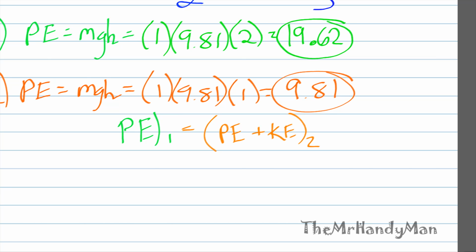So thus, if we subtract this over, then we can find out what the kinetic energy is and backtrack and find out what our velocity is.